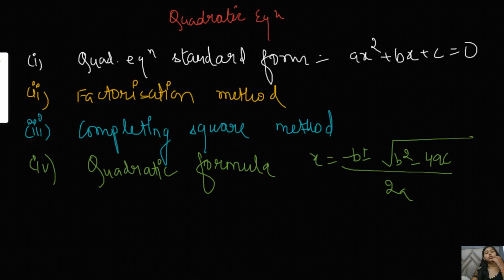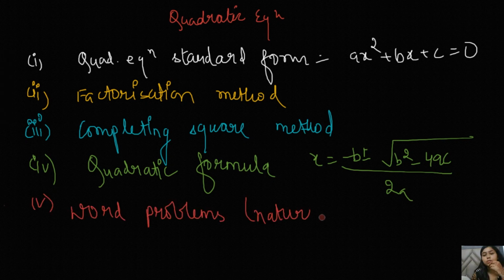Also, the last is word problems. Just pay attention to word problems, nature of the roots, discriminant. These are the important terms that you have studied in this class, and you will study them in other classes also. I hope you know what a quadratic equation is.